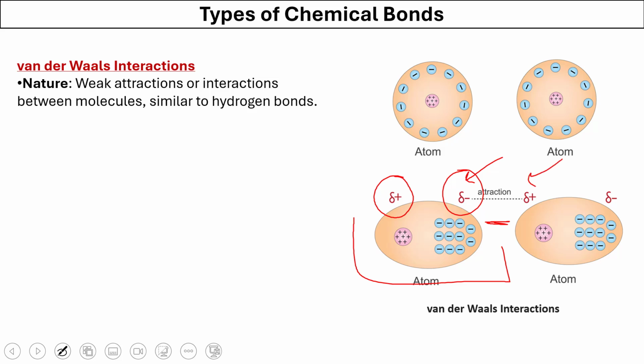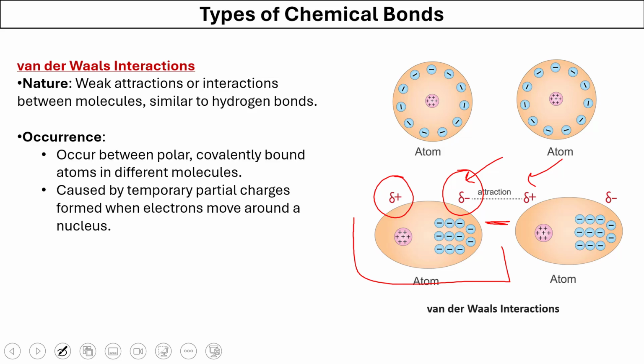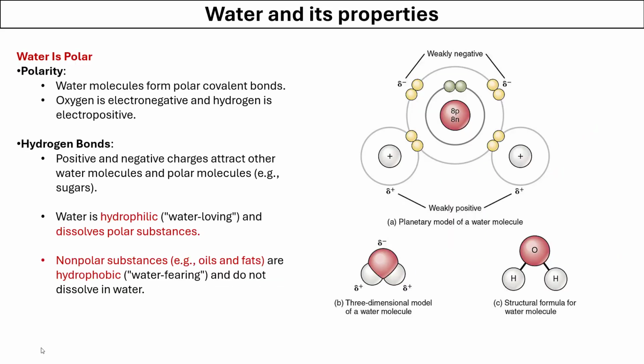These van der Waals forces are much weaker and they are characteristically similar to hydrogen bonding. It's just that in hydrogen bonding, one of the participants has to be hydrogen. In this, it can be anything. So here are some more properties of covalent bonds which you can read.